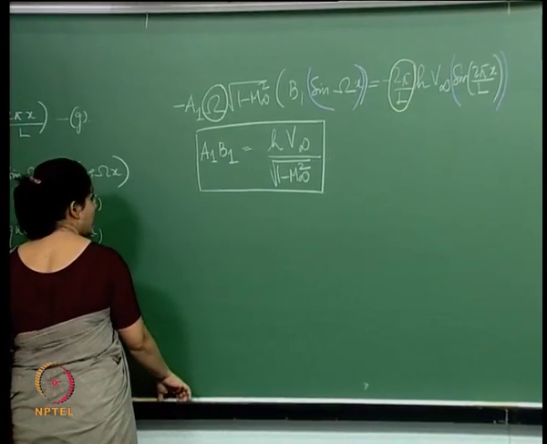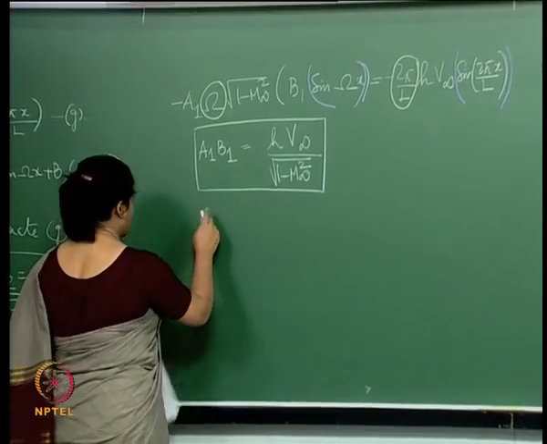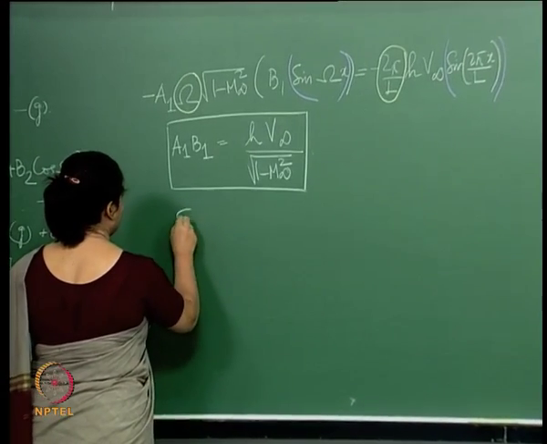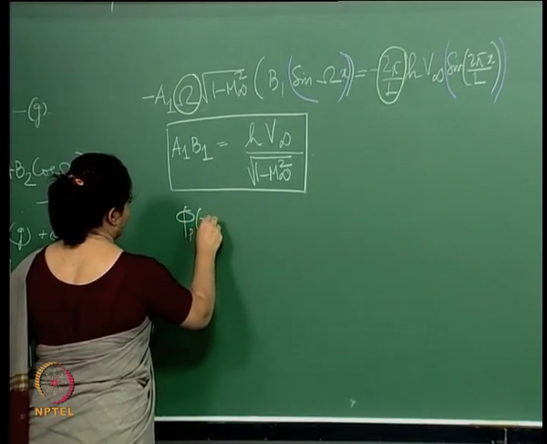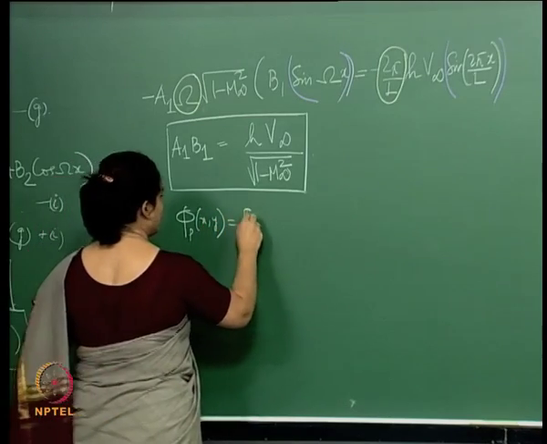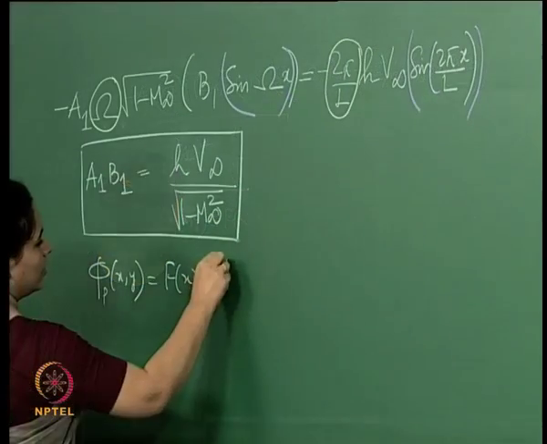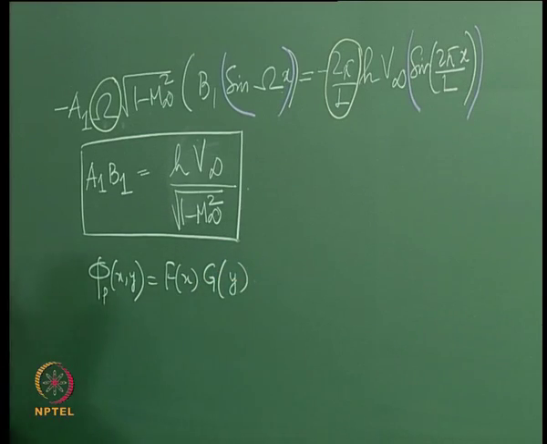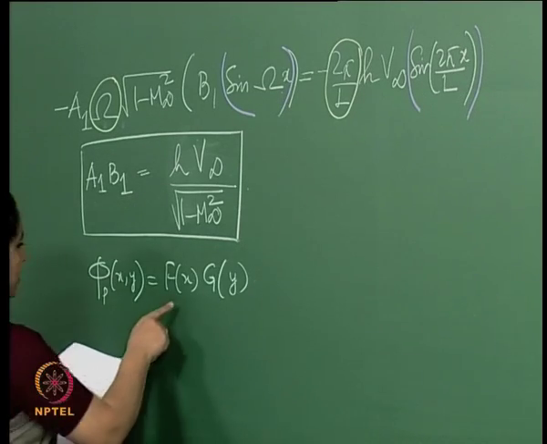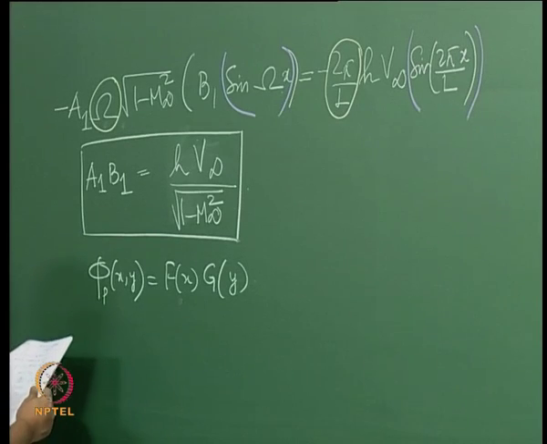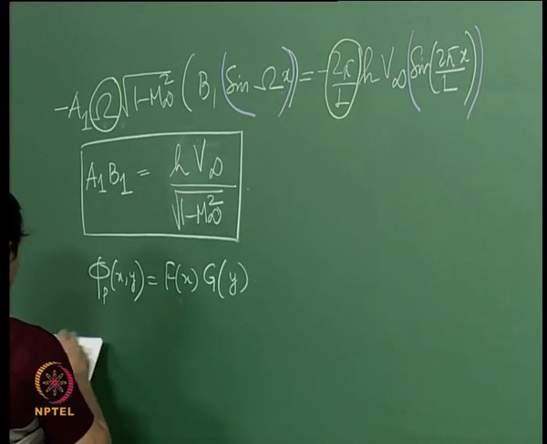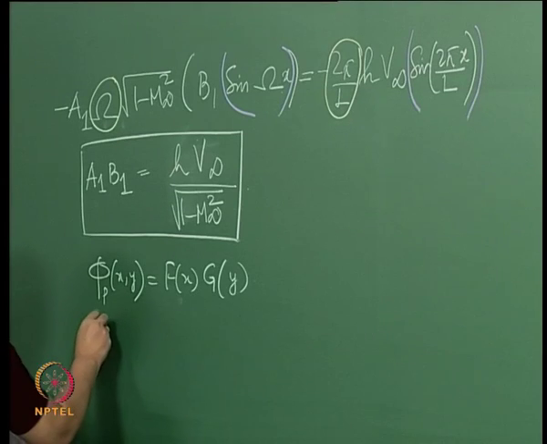Now, what we had from earlier, like we said, was this. And our equations now: fx becomes, with b2 equal to 0. Let me write this again.